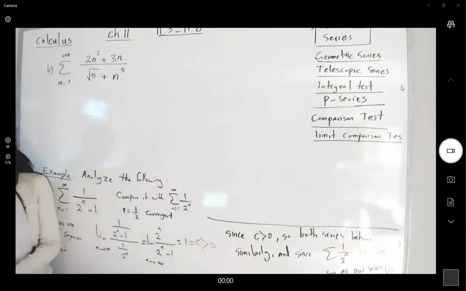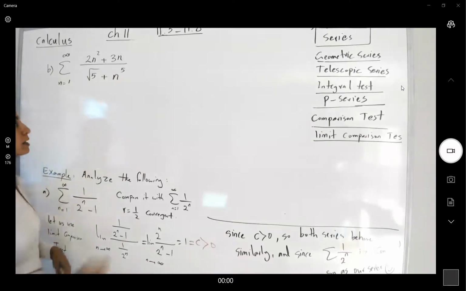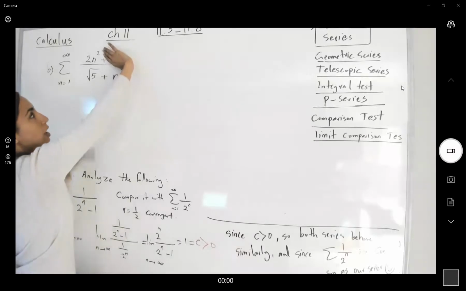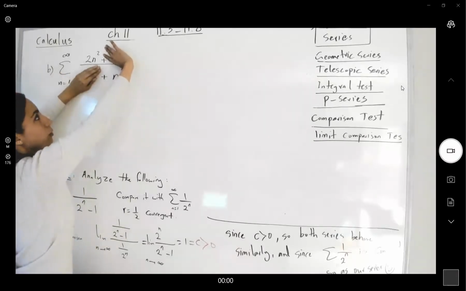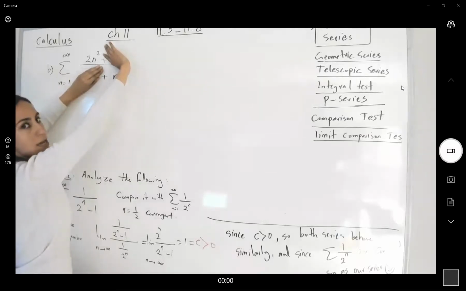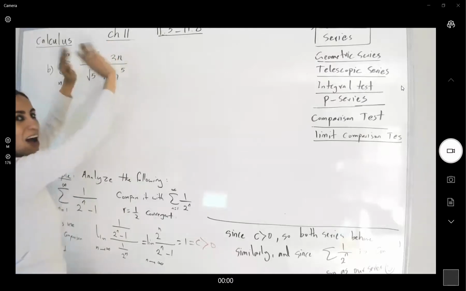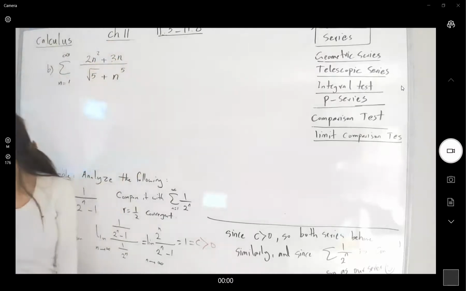On the numerator, I'm going to ignore the term with lower exponent, which is 3n. On the denominator, I'm going to ignore the constant. What's left? 2n squared divided by n to the 5th, which is 2 divided by n to the 3rd, which is a P series, and I already know how to deal with it.